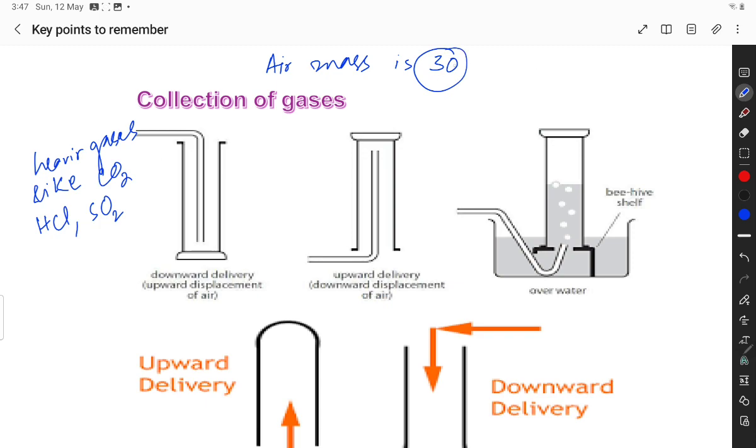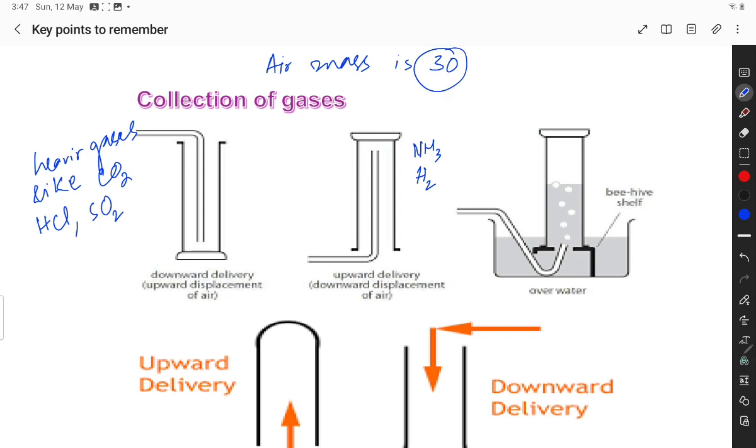If the mass is higher than 30, the heavier gas is collected like this, and if the mass is lower, like ammonia and hydrogen, they are collected like this.